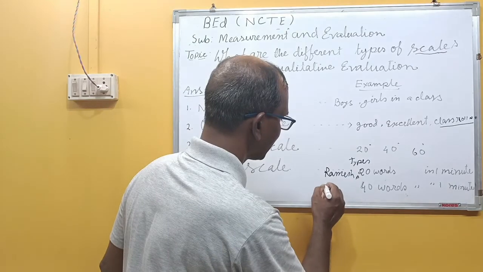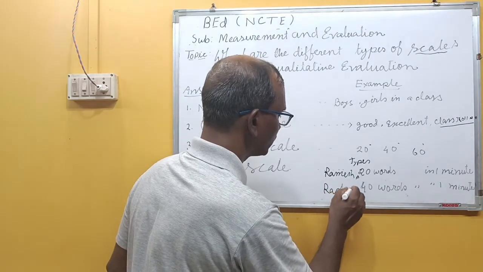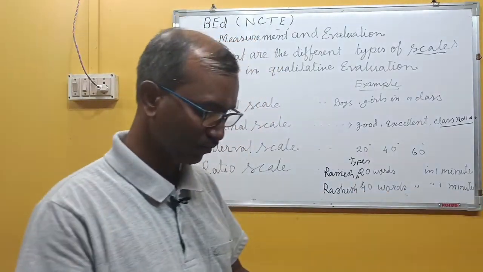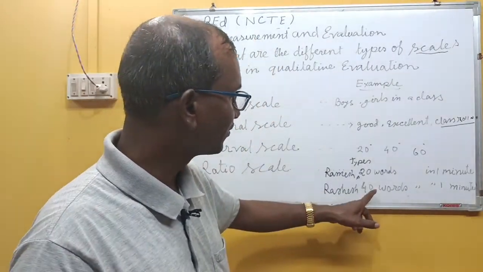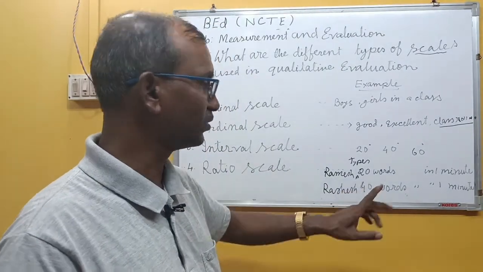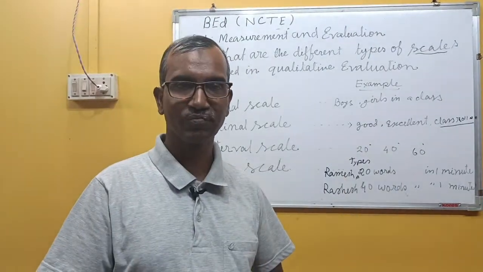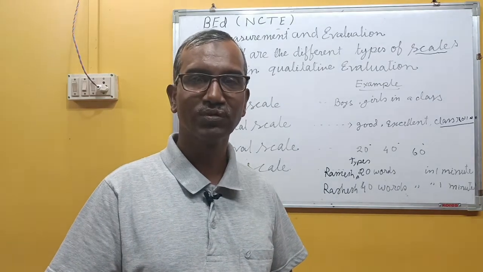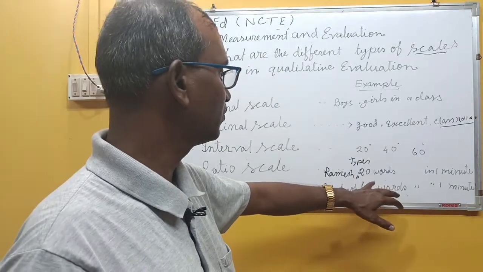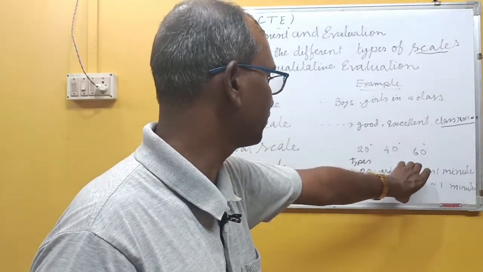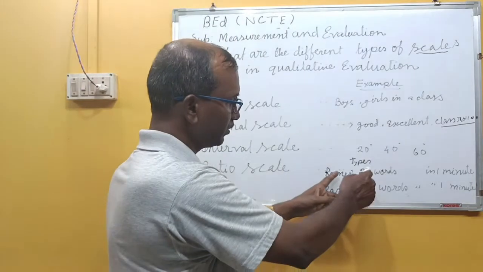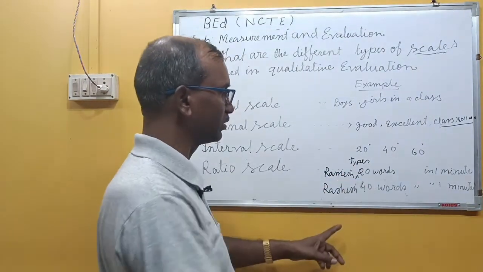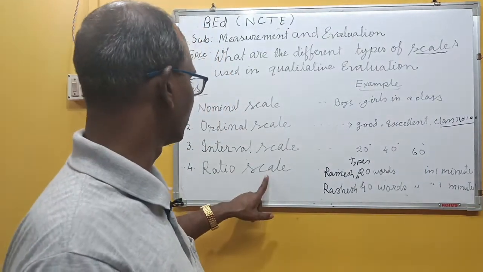Suppose Rajesh types 40 words in 1 minute. So this is 20, this is 40. So the ratio is what? Double. 1:2. So ratio gives a definite idea. This is definite evaluation, this is definite measurement, this is definite quantity. So this is a higher order scale.